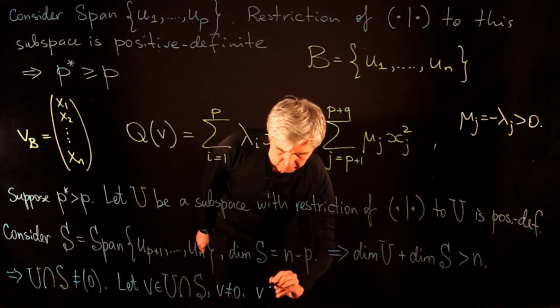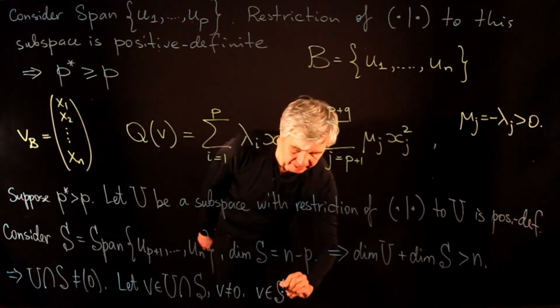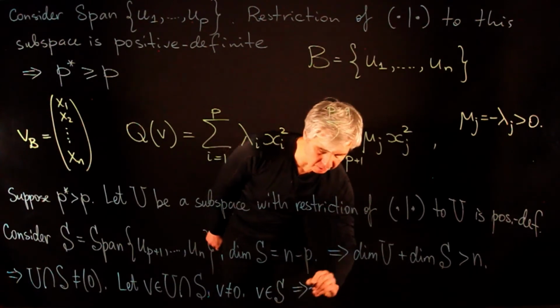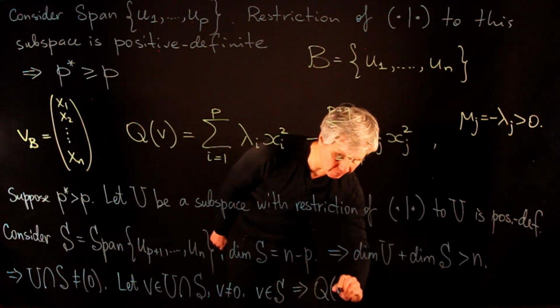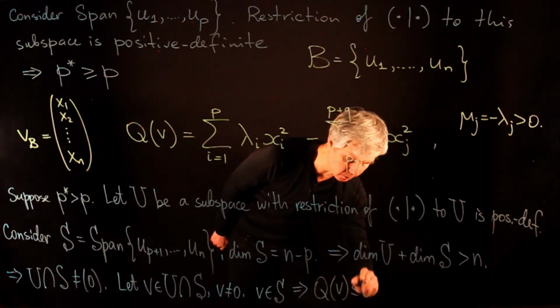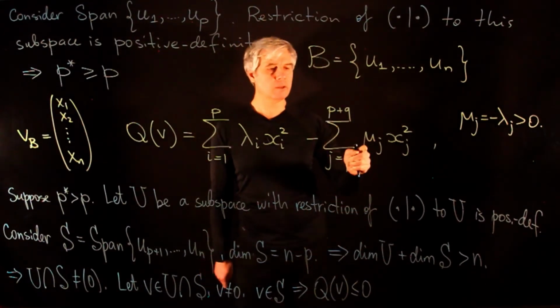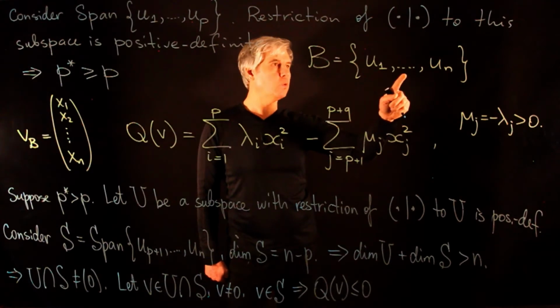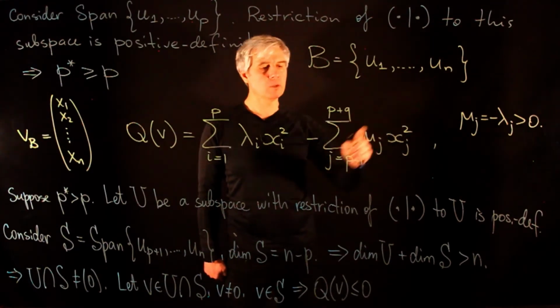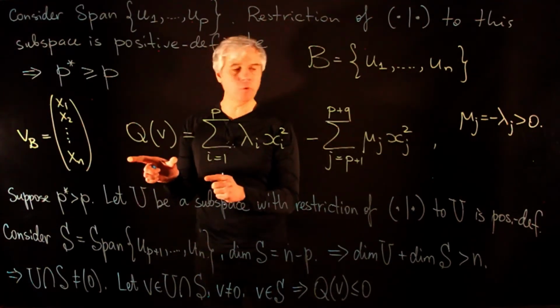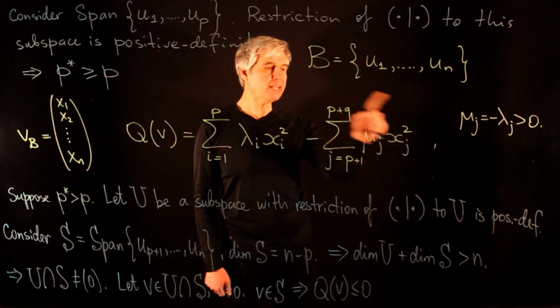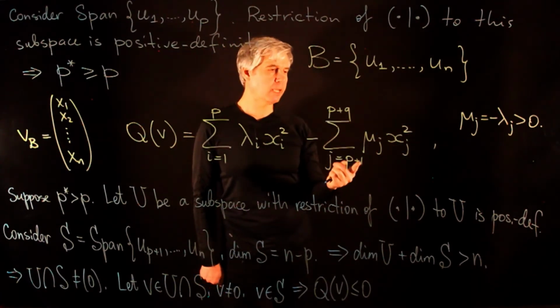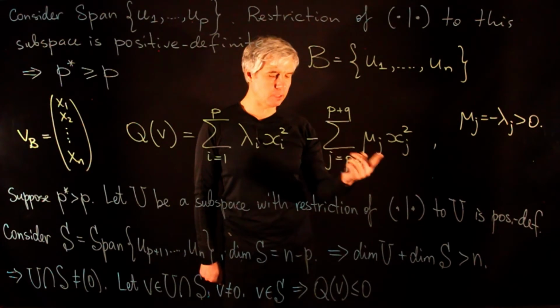Since V belongs to the subspace S, this means that the value of the quadratic form on V is less or equal to 0. Indeed, V is a linear combination of basis vectors from u p plus 1 to un. So the value of the quadratic form is given by the second term, which is a sum of squares with negative coefficients.